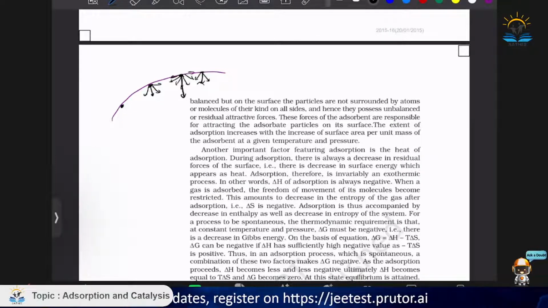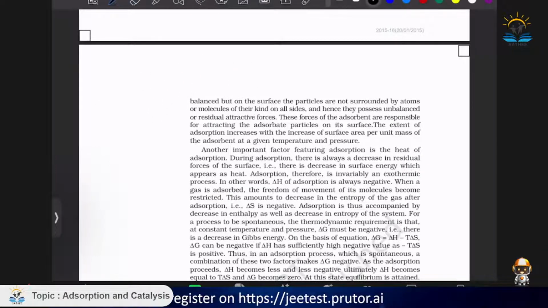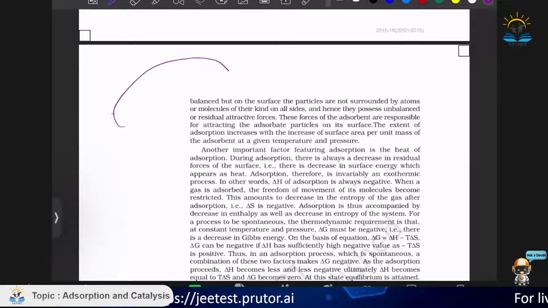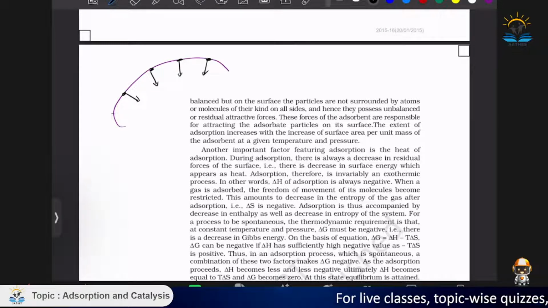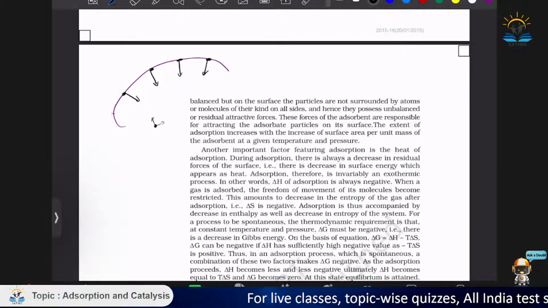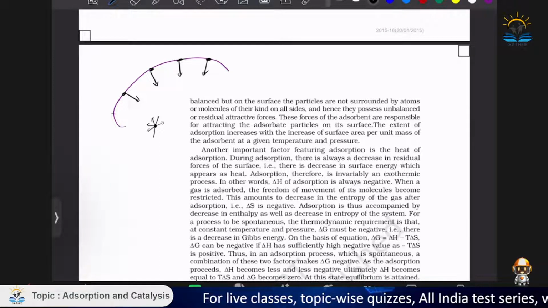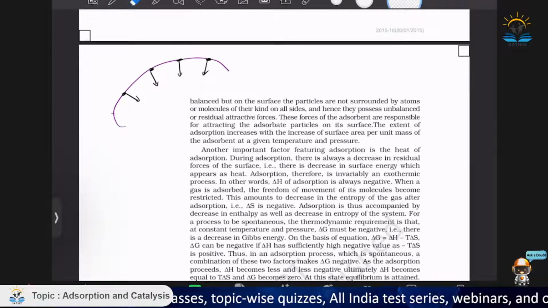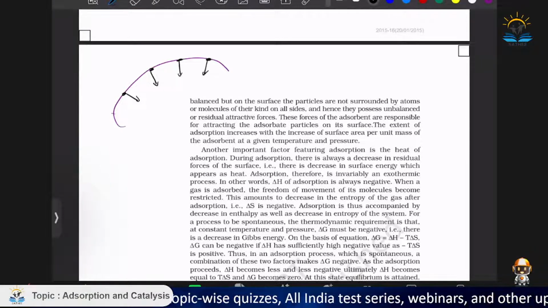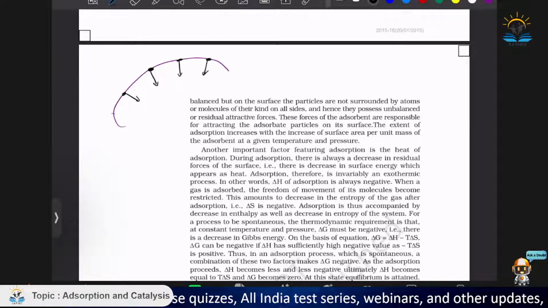All the resulting forces come like this. If I draw a clearer picture, this is a surface. These are the molecules on the surface. They have a force of attraction towards the interior, whereas the interior molecules have no net force of attraction because they are equally attracted from all sides. So a surface molecule has an inward force of attraction.